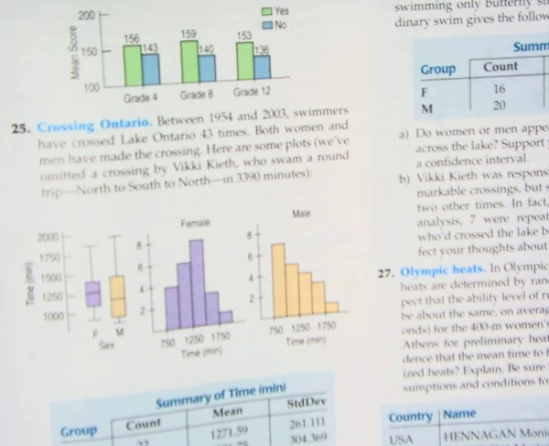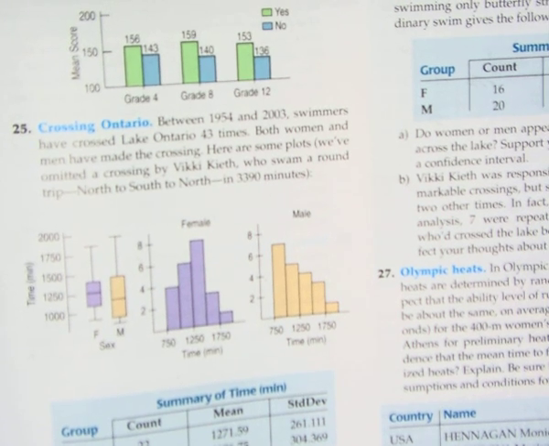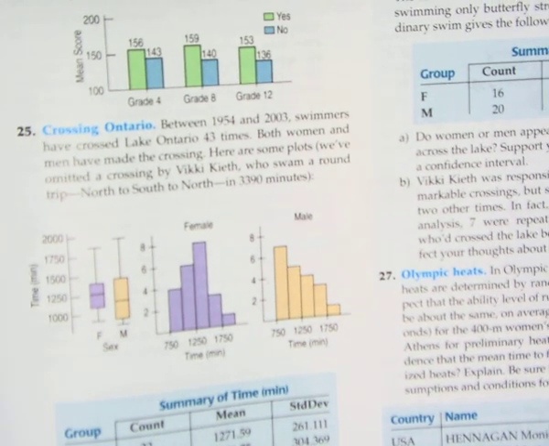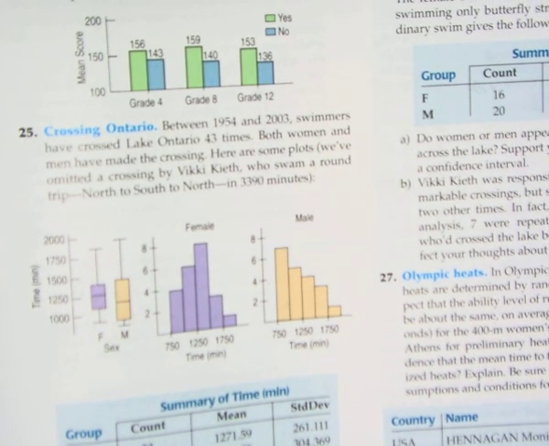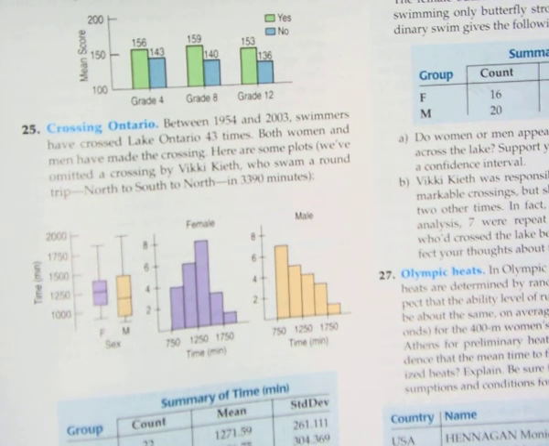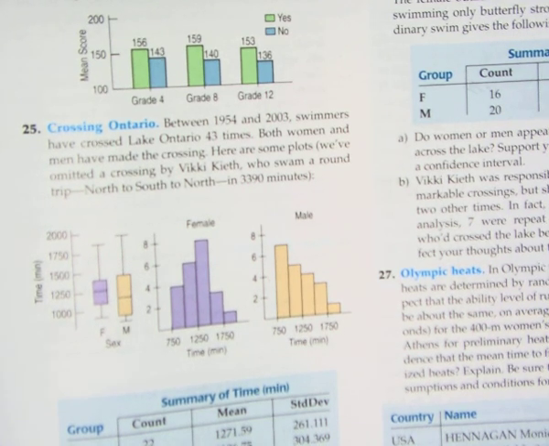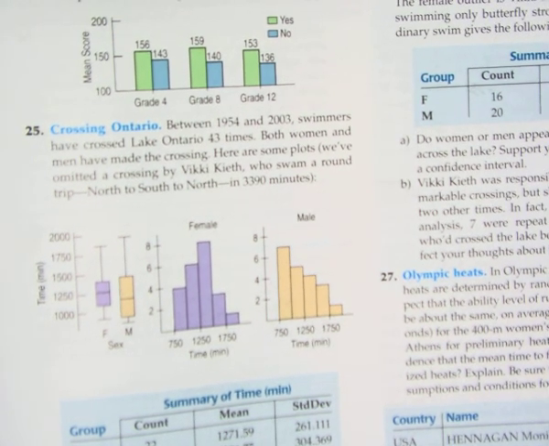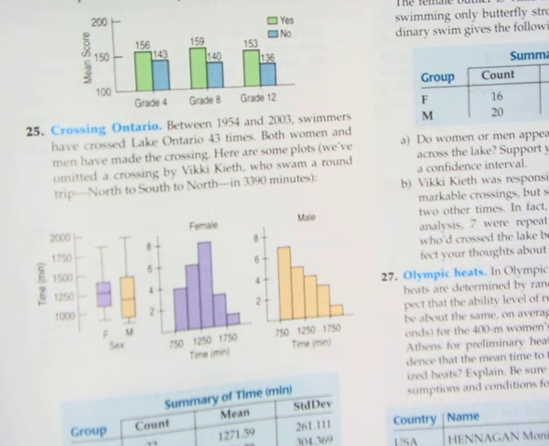Okay, so that could be a problem. Now as far as the rest of the conditions, I guess this would be representative. The samples are definitely independent. 20 and 22 is less than 10% of all people that could cross Lake Ontario. But the one condition that does concern us is the shape of the distribution.